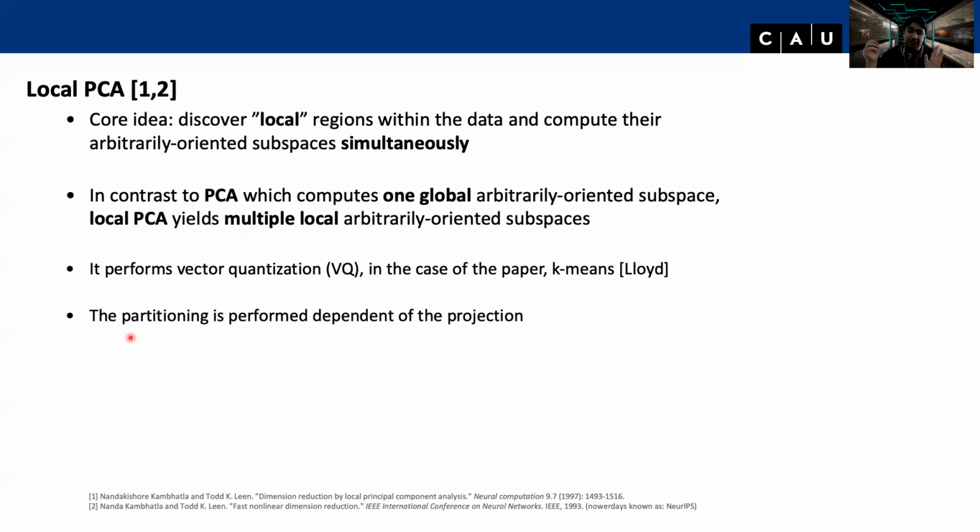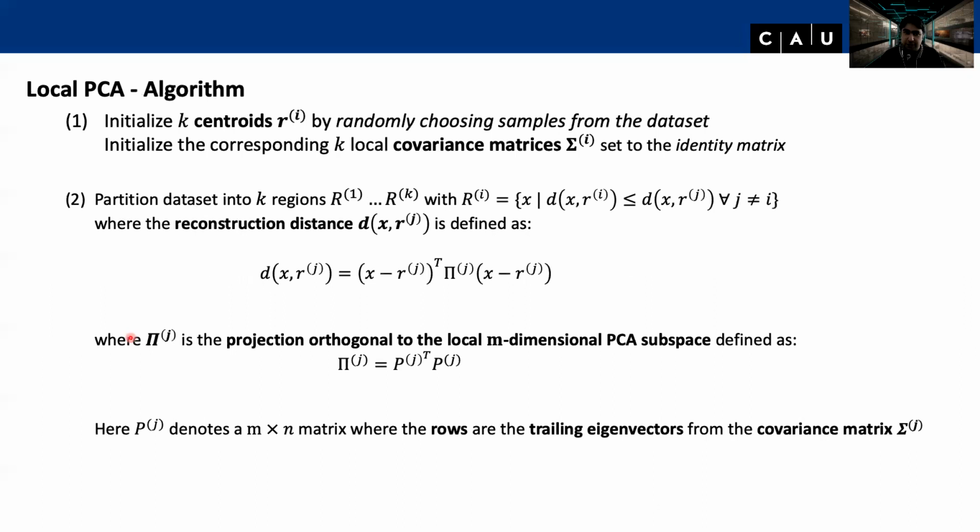So depending on how or where it is projected, based on that information, also partitioning is made. So we've got something like an interleave between finding adequate projection and at the same time finding adequate partition. And let's take a closer look at how this algorithm works. We go through each of the steps.